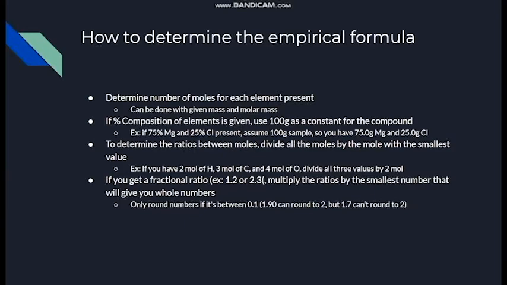So, for example, 1.90 can round up to 2 for the ratio, but 1.7 cannot round up to 2. You'd have to multiply to get to about 5.1 where you could round down. But like I said, it's only if it's within 0.1, like 1.90, 1.10, 1.09, 1.92, stuff like that.